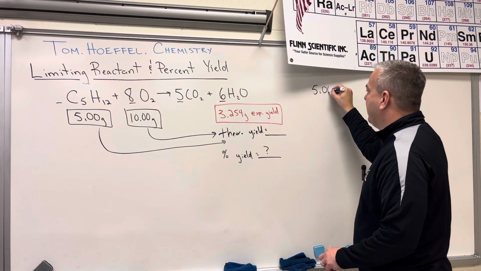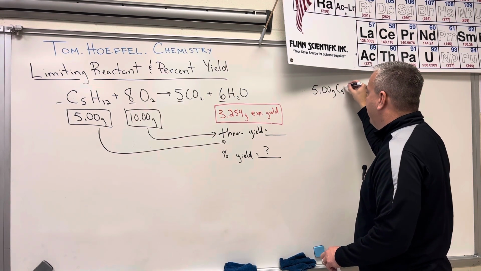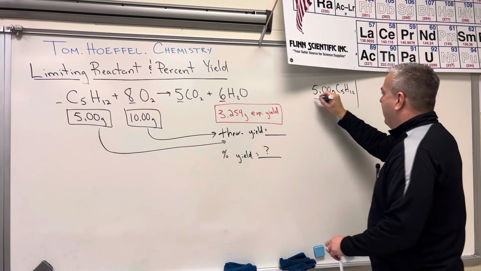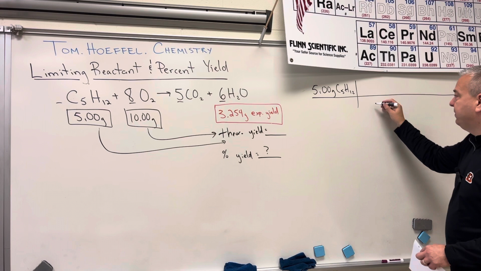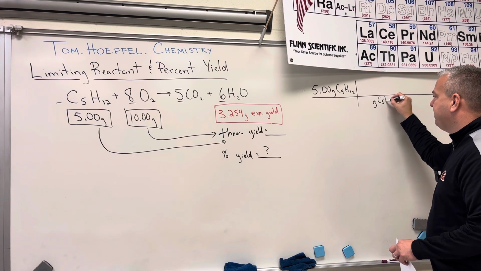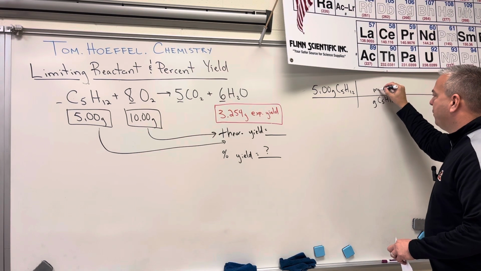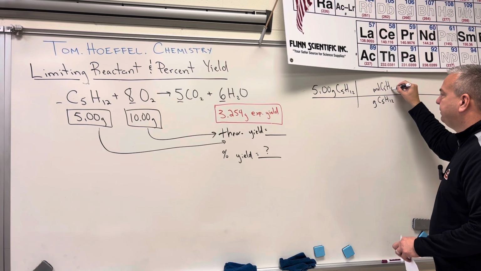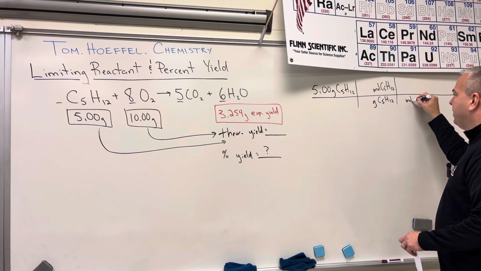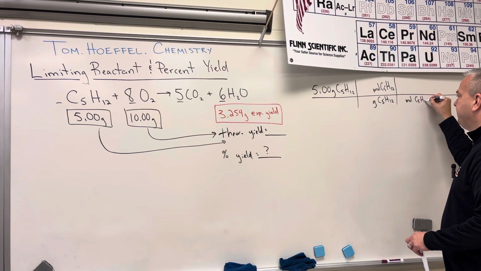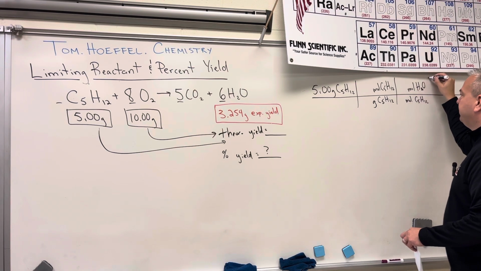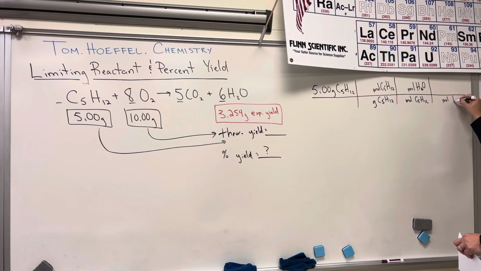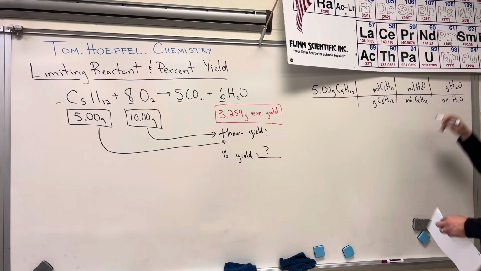I have 5 grams of pentane, C5H12, and I'm going to go from grams to moles, moles to moles, moles to grams. So grams of pentane to moles of pentane, moles of pentane to moles of water, and then moles of water into grams of water, okay?